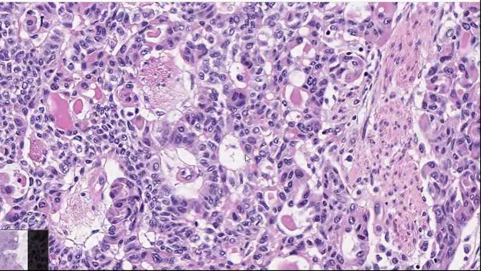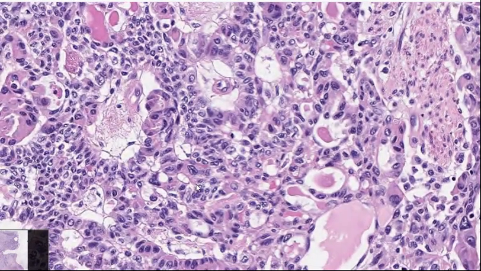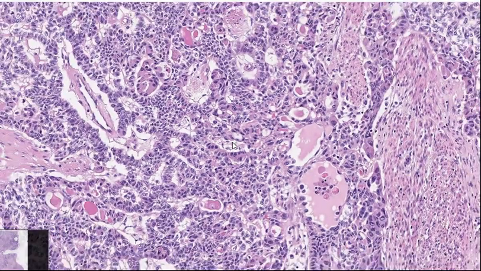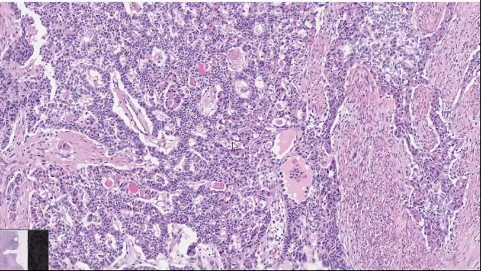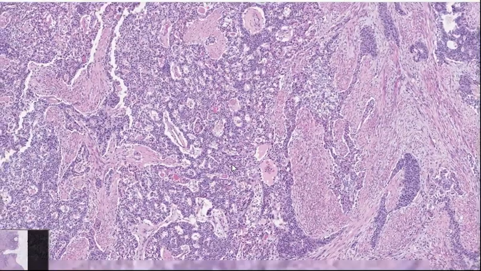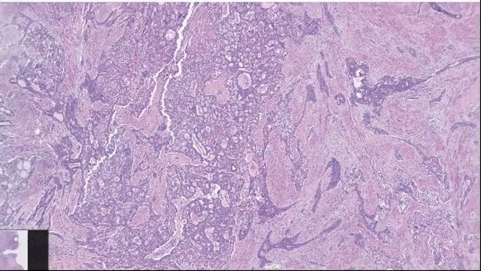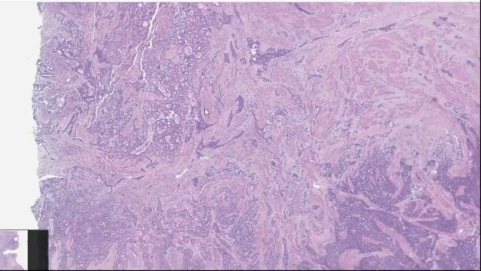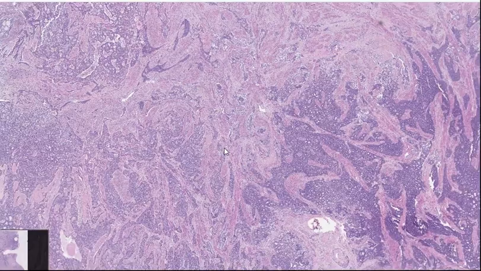They show variable degrees of mitosis, and at places we can see some nuclear grouping also. So keeping all this in mind, the varied nuclear features and the architectural pattern, we can suggest the possibility of mesonephric carcinoma of the cervix.